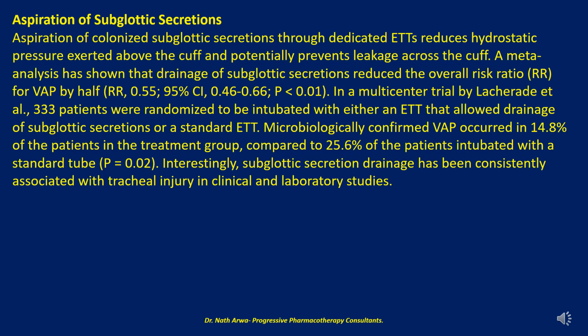Microbiologically confirmed ventilator-associated pneumonia occurred in 14.8% of the patients in the treatment group, compared to 25.6% of the patients intubated with a standard tube, with a p-value equal to 0.02. Interestingly, subglottic secretion drainage has been consistently associated with tracheal injury in clinical and laboratory studies.